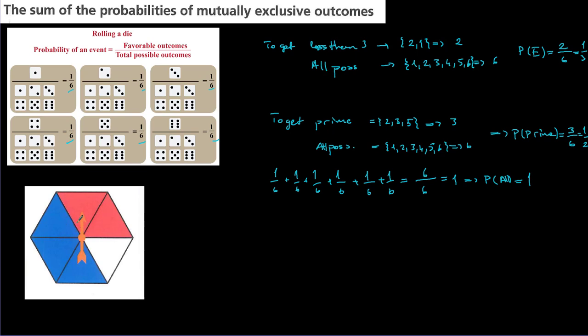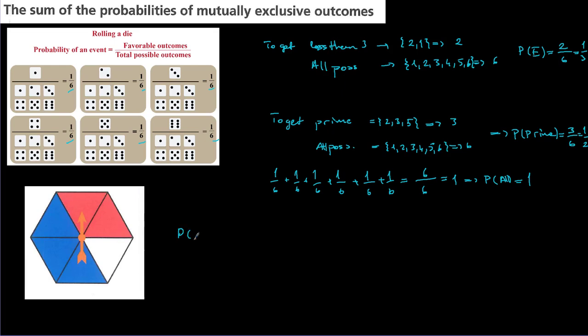Now there is a spinner and a hexagonal figure. There are all these equal triangles. I mean the angles are equal, so that's why the hexagonal figure has been chosen. So here there are 2 red triangles, 3 blue triangles, and 1 white triangle.